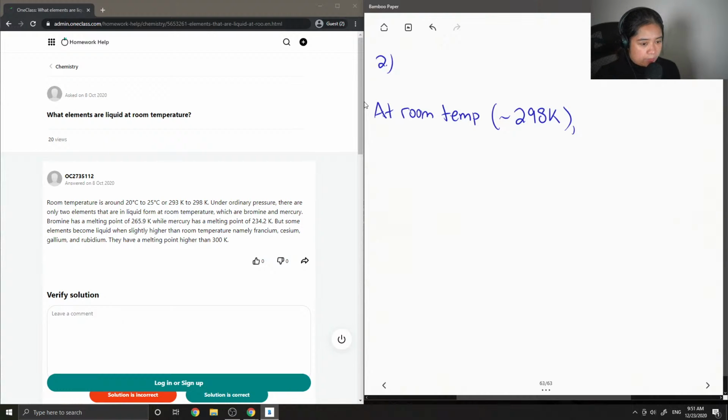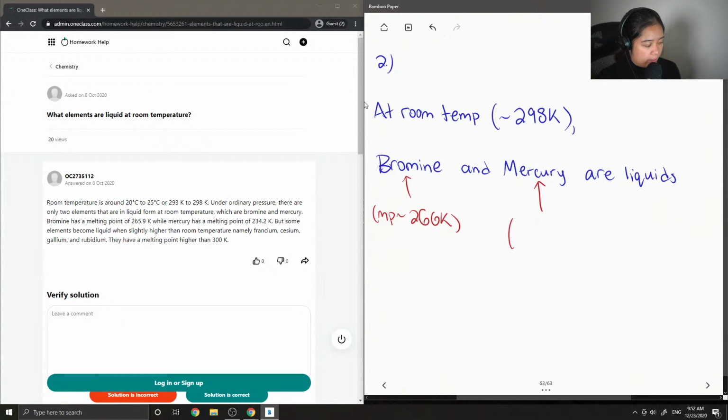But at room temperature, bromine and mercury are liquids. So I think the melting point of bromine is around like 266 Kelvin. And in the case of mercury, its melting point is around 234 Kelvin.